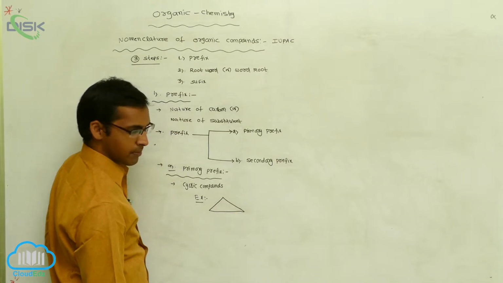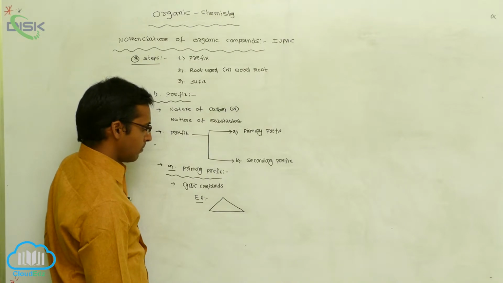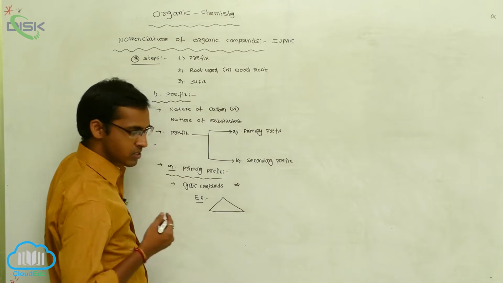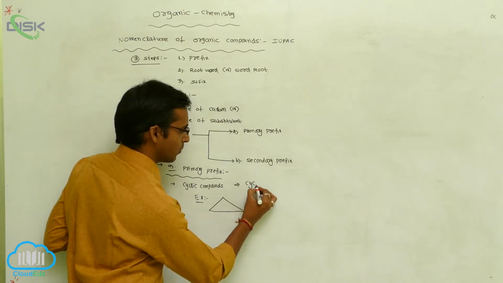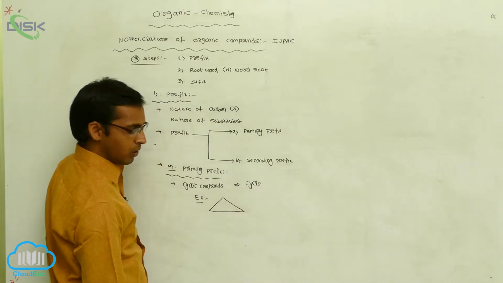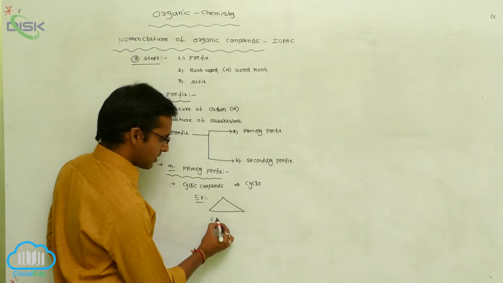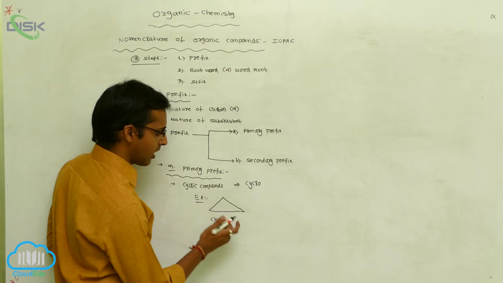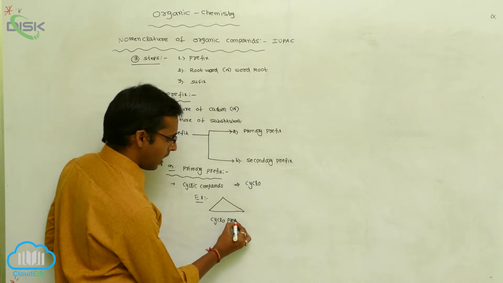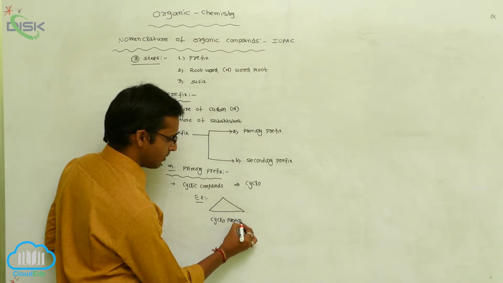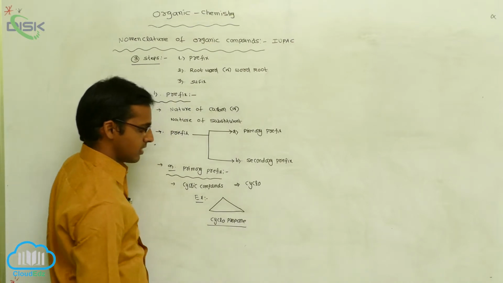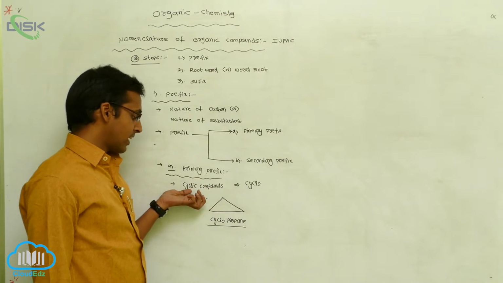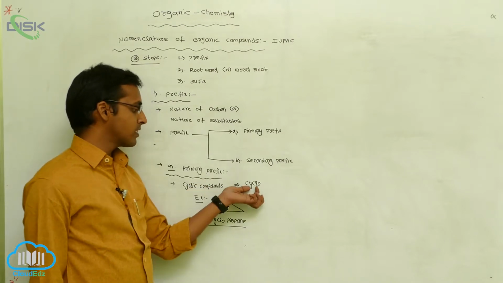Here 3 carbons are present. In primary prefix, if a cyclic compound is present, the prefix is cyclo. Here 3 carbons means prop, and all are saturated means propane. Its name is cyclopropane.